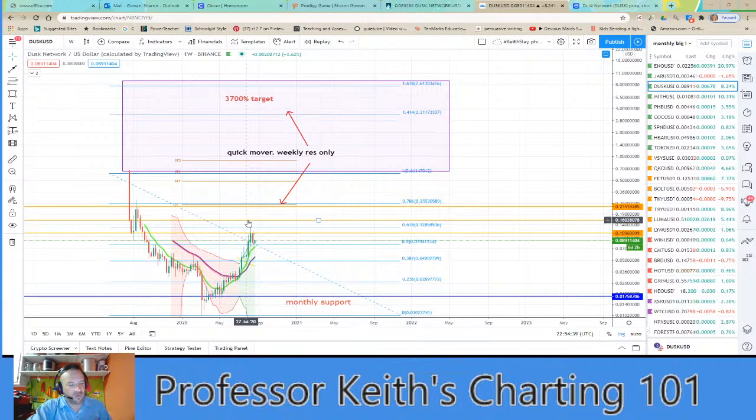Okay, selling some Cocos. I'll sell half. And I believe Dusk has a BTC pair, doesn't it? Yeah, it does. Okay. Cocos, well, that doesn't have. I'll have to do a USD pair. 100%.